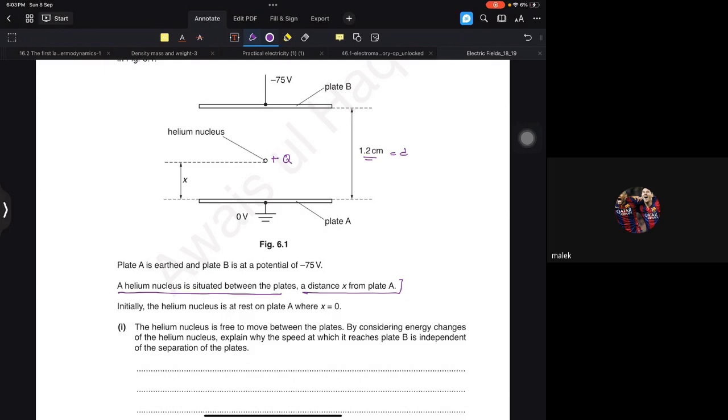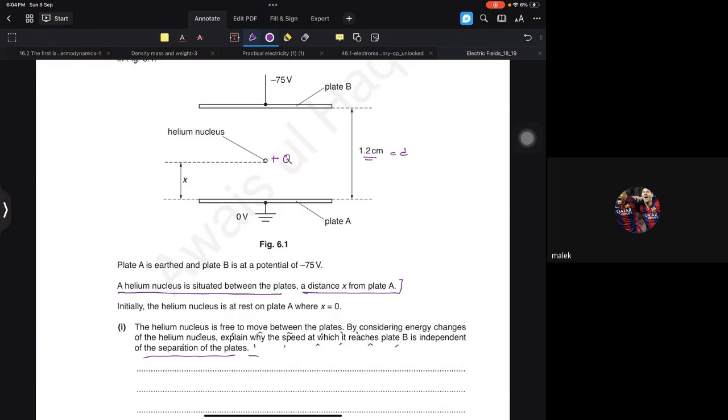And initially, the helium nucleus is at rest at x equals 0. The helium nucleus is free to move between the plates. By considering energy changes of the helium nucleus, explain why the speed at which it reaches plate B is independent of the separation of the plates.